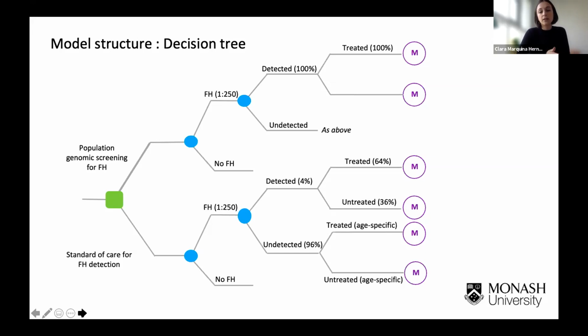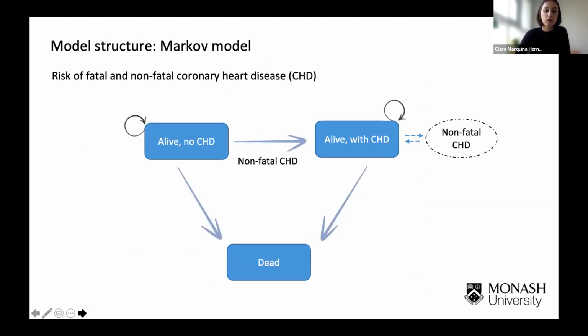Now, once we have all these people divided into these different groups, we put them into a Markov model. We decided to go with this because we wanted to model the risk of fatal and non-fatal coronary heart disease, or CHD. And using a Markov model allows us to follow the full progression of the disease.